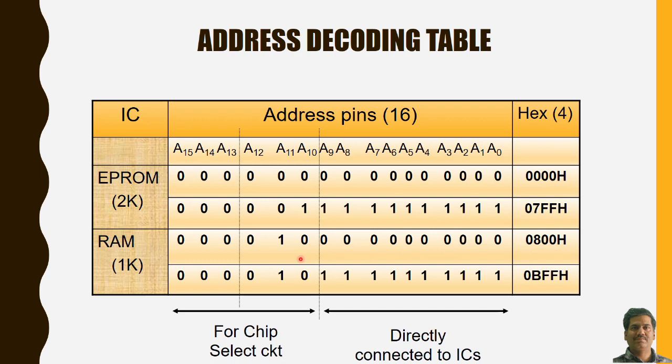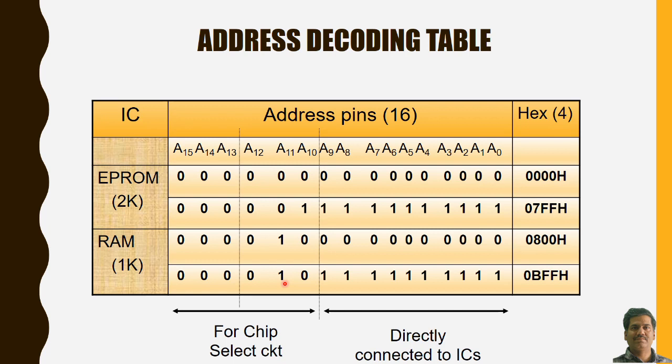So here A11 will be 1 in the starting address, and that should be kept 1 in the end address as well, so that the range of the RAM will be from 800H to BFFH. And now it is up to the designer to select the chip select logic.